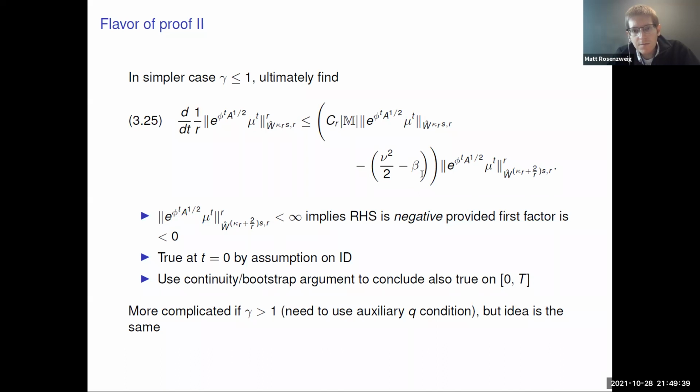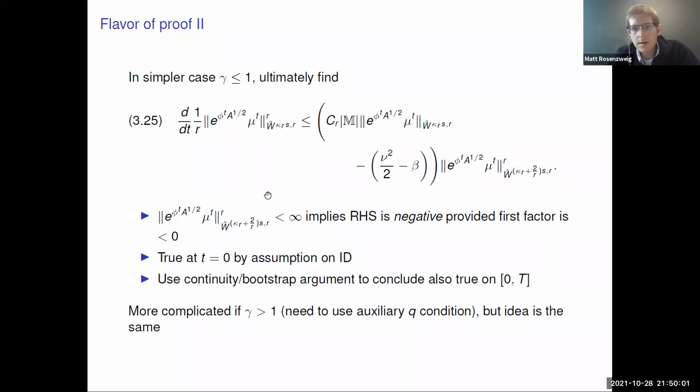The second term down here is negative. And if I knew that this first term was smaller than this nu squared over 2 minus beta, then what's inside the parentheses would be negative. And if I knew that what's outside is finite, then I would be saying that the time derivative of this norm is negative. In other words, it's decreasing.